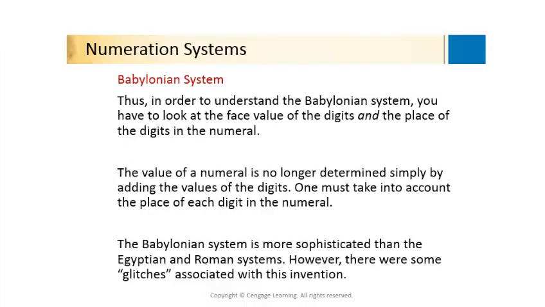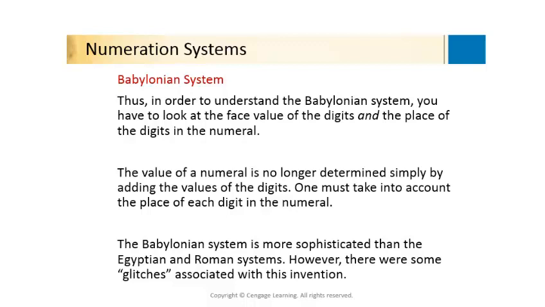So this is a somewhat more sophisticated way to represent numbers, a little tougher way to understand, which really our system involves something similar, but it's powers of 10. So it is a little bit harder to understand, and the fact that there are place values there.